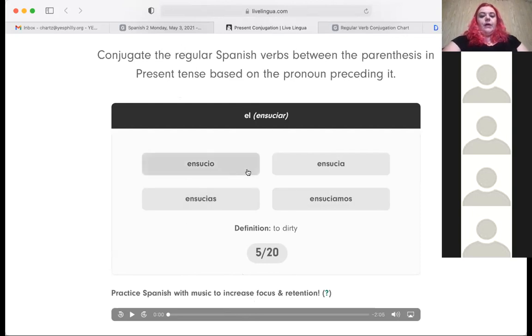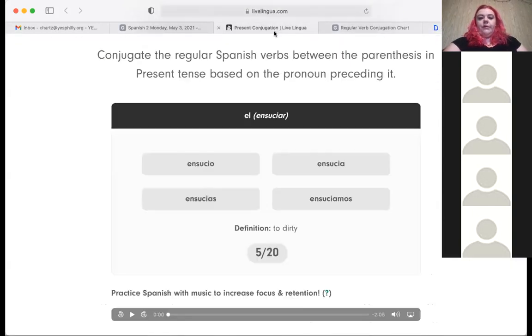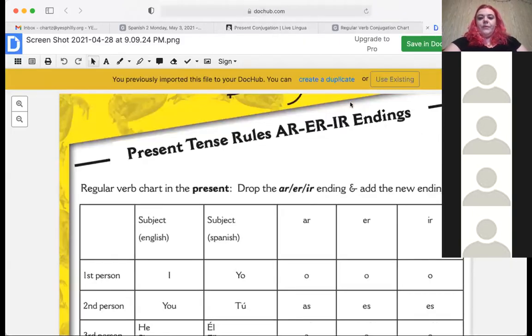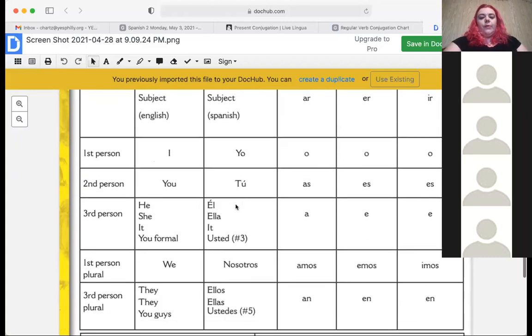No, it's not going to be ensucio. Let's look at our chart here. So let's look at our verb. It's an AR verb, right? So right here we have an AR verb. And you can see the O is a yo ending. It's not going to be yo because our subject is él. So he. So we're going to use the A ending.